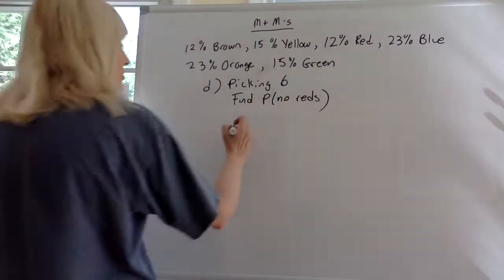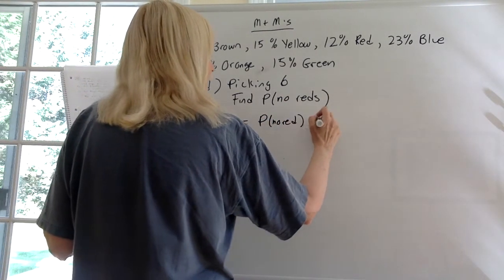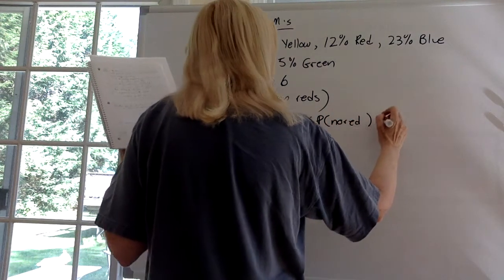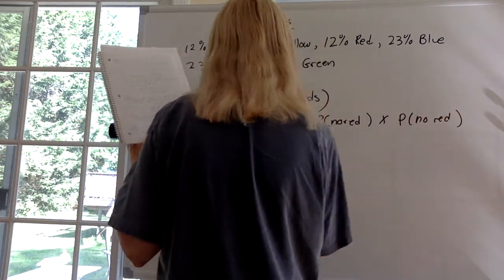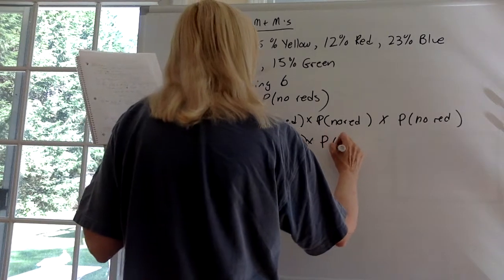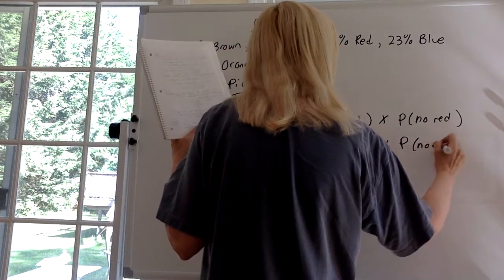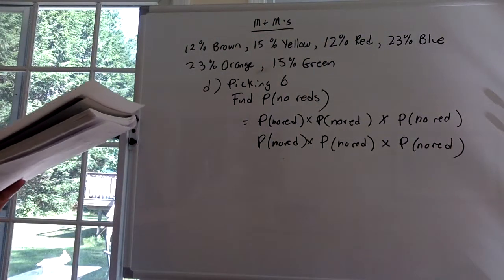So basically, that's just probability of no red times probability of another no red. You got to do that 6 times. Right? So you just have to do it 6 times.